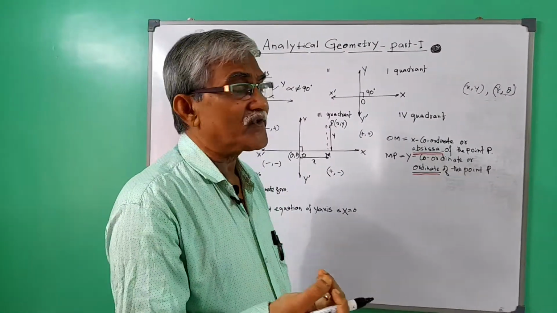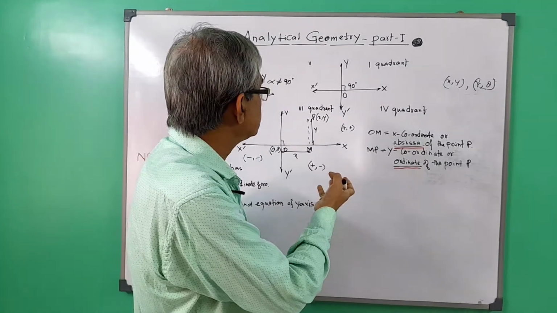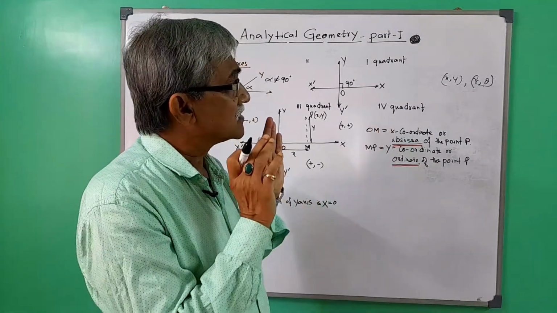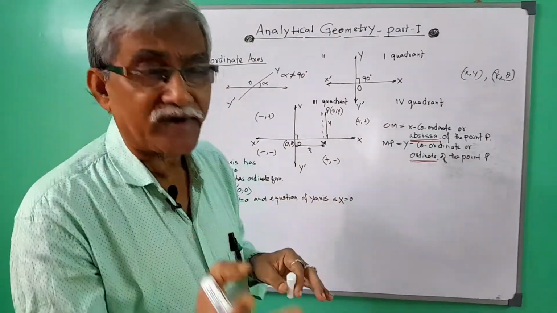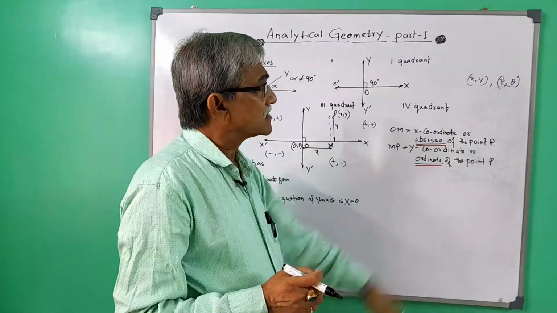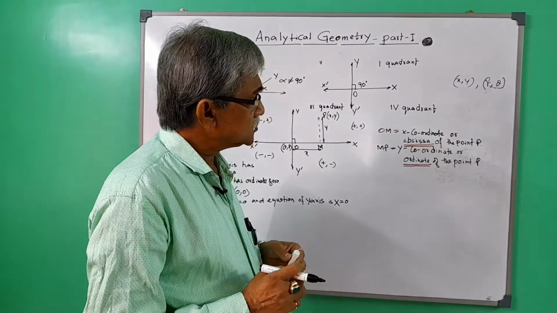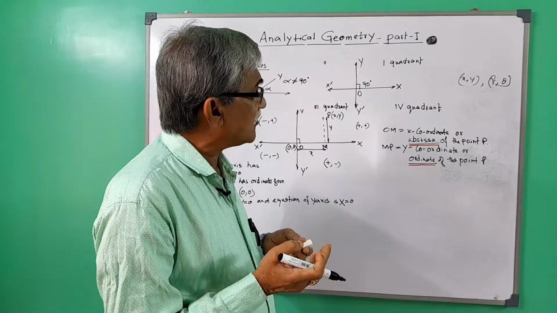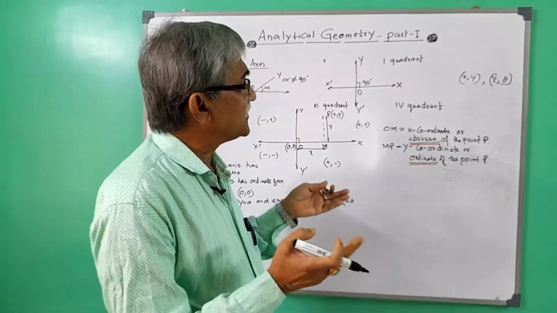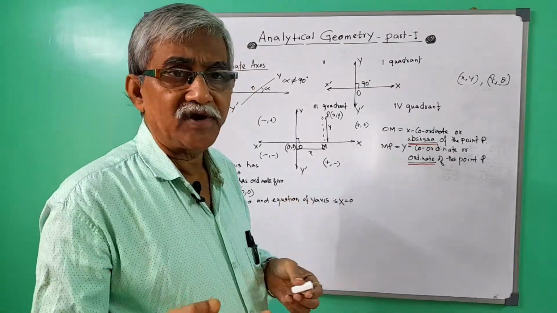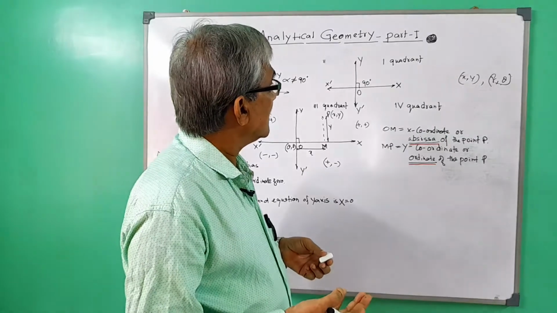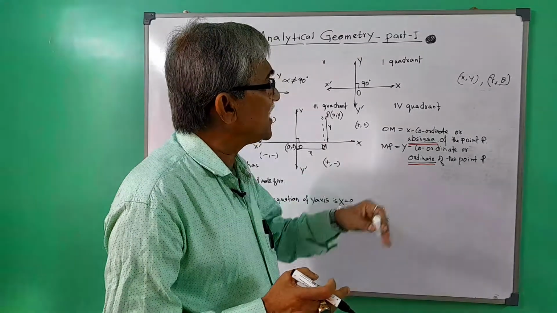So the point, be it in space or on the plane, that way he could locate the point, and by that way he could establish the algebraical relation of the different geometrical figures like straight lines, circles, any curvilinear line.